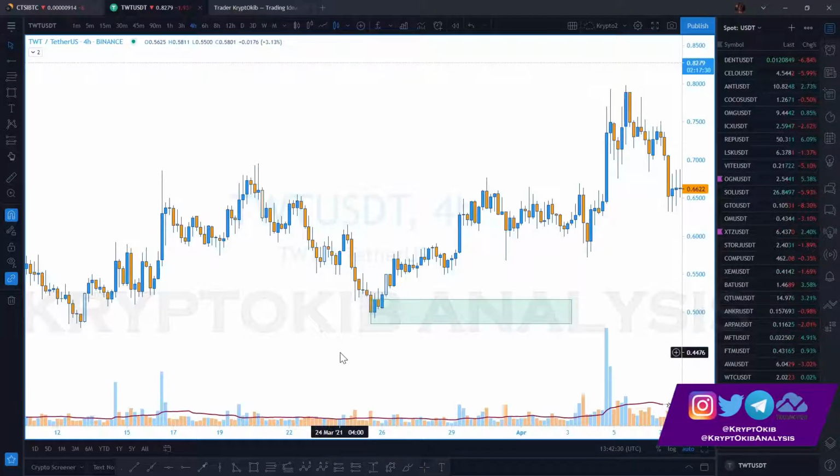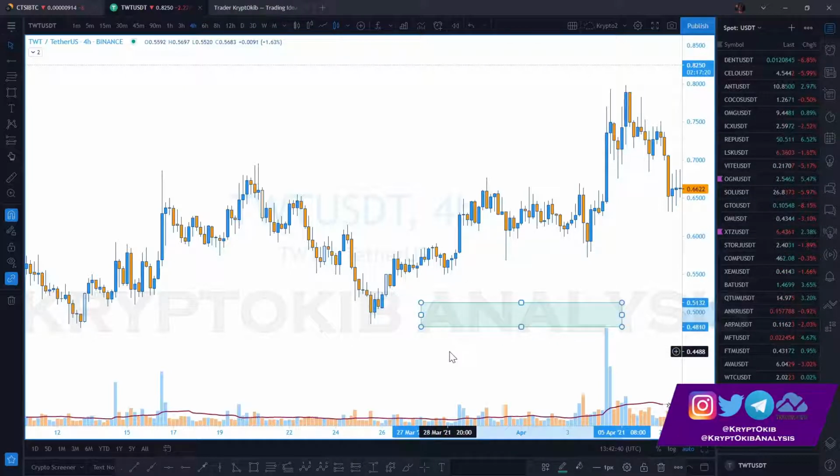But then some people will not just use the last red candle before the rally. They will use the entire basin area. That means they will identify the lowest low making candle. And if we look at this basin area, what is the lowest low making candle? A red candle.